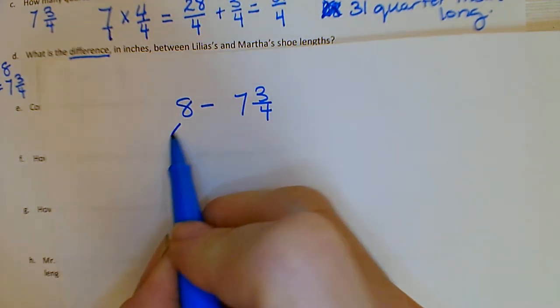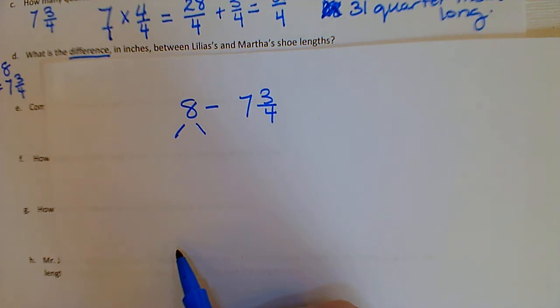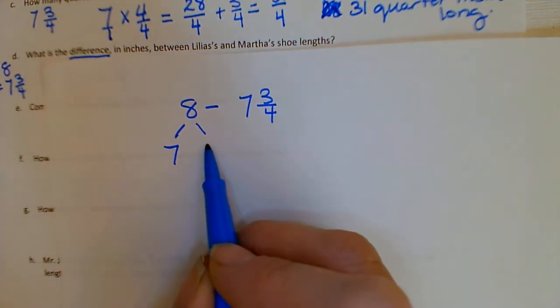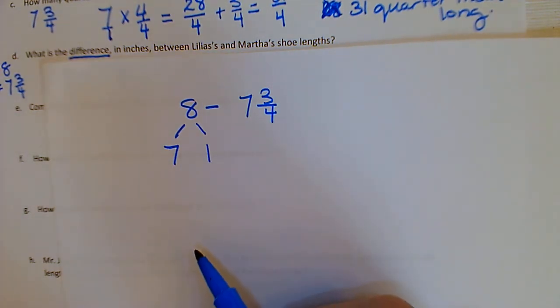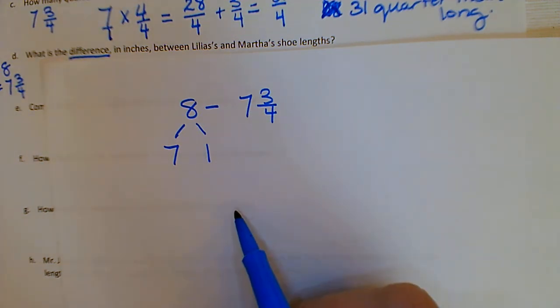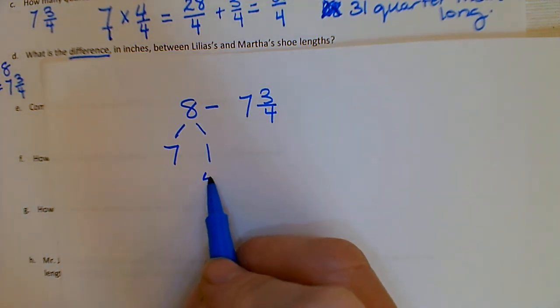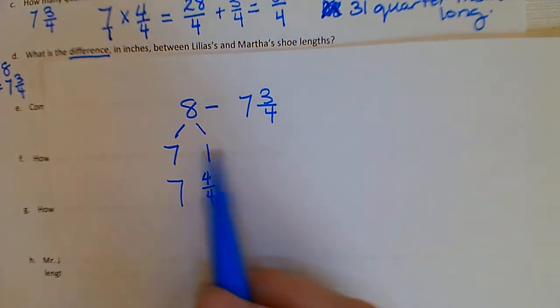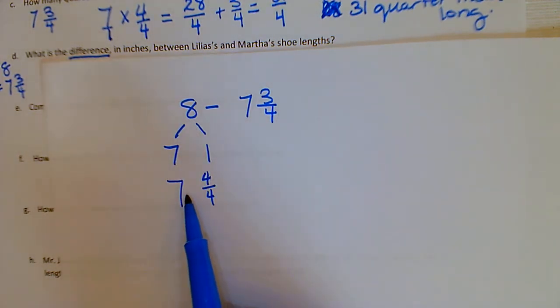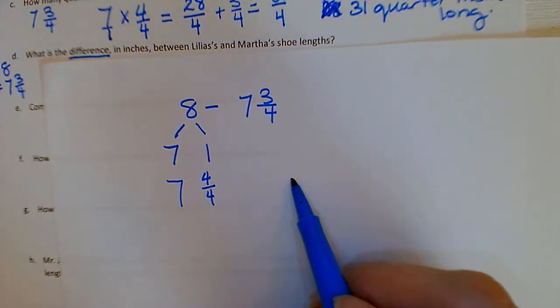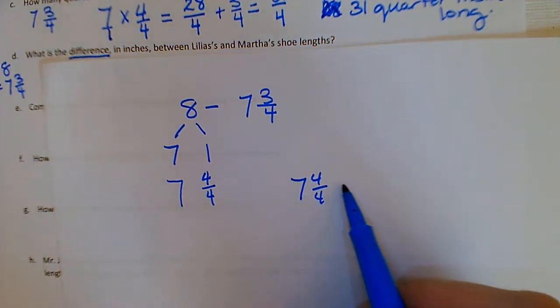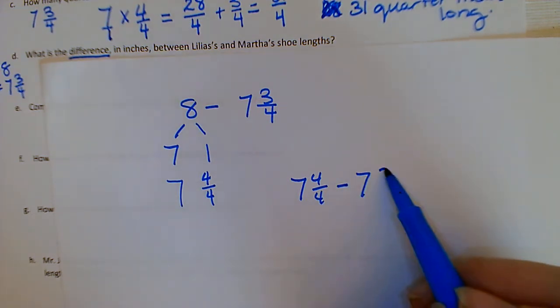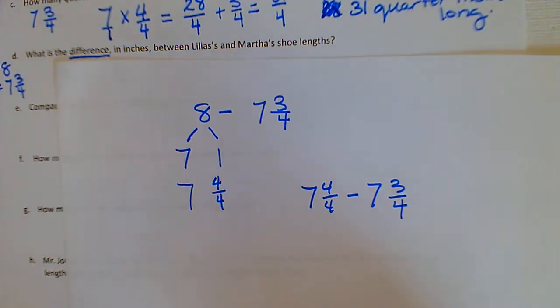What I can do is decompose this 8. I could put 7 over here and 1 over here. And then I can turn that 1 into 4/4. So now another way of writing 8 is to call it 7 4/4. Now I could subtract 7 4/4 minus 7 3/4.